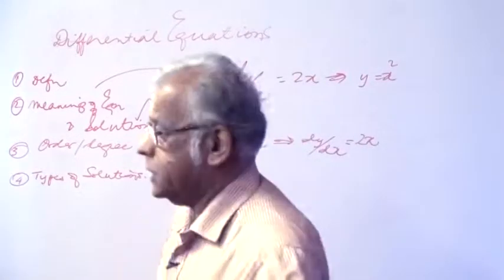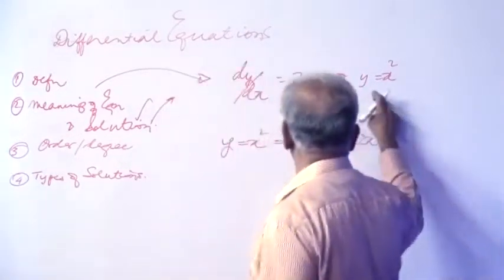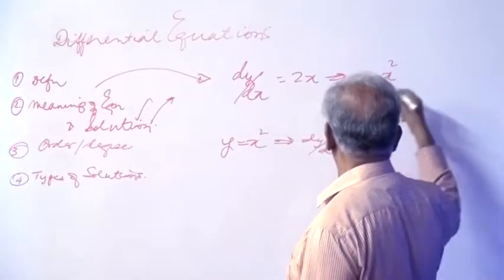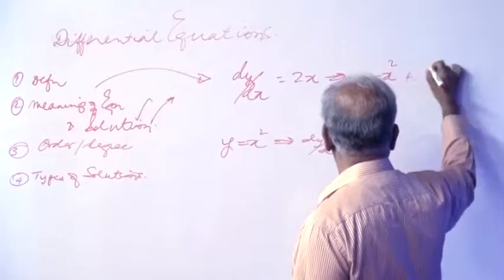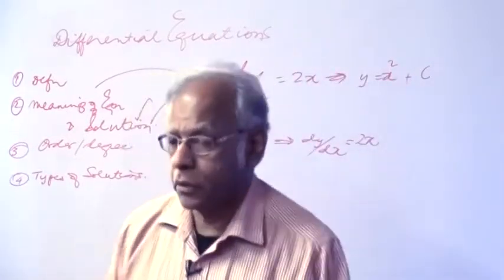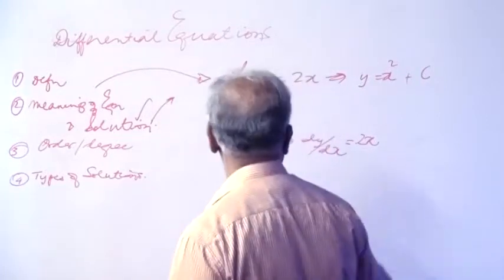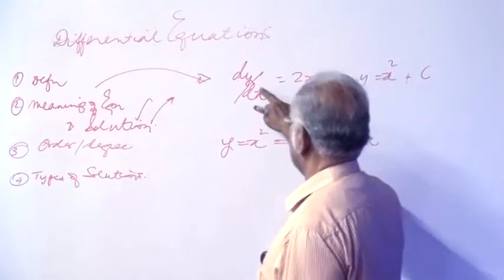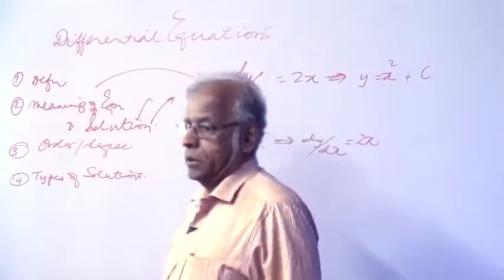Now, there is something incomplete here, because when dy dx is 2x, y must be equal to x square plus some arbitrary constant of integration. Constant of integration has to be put, because if I differentiate this, evidently dy dx is going to be 2x.